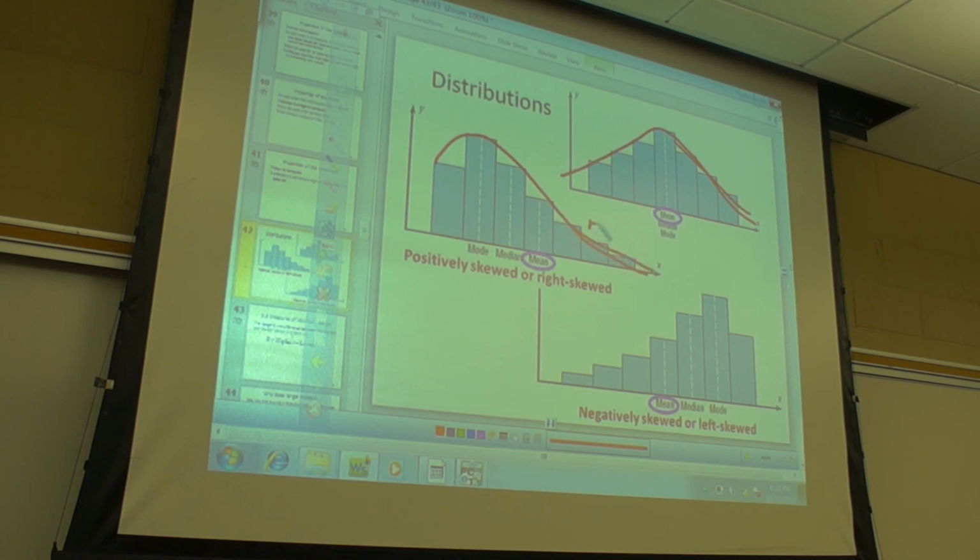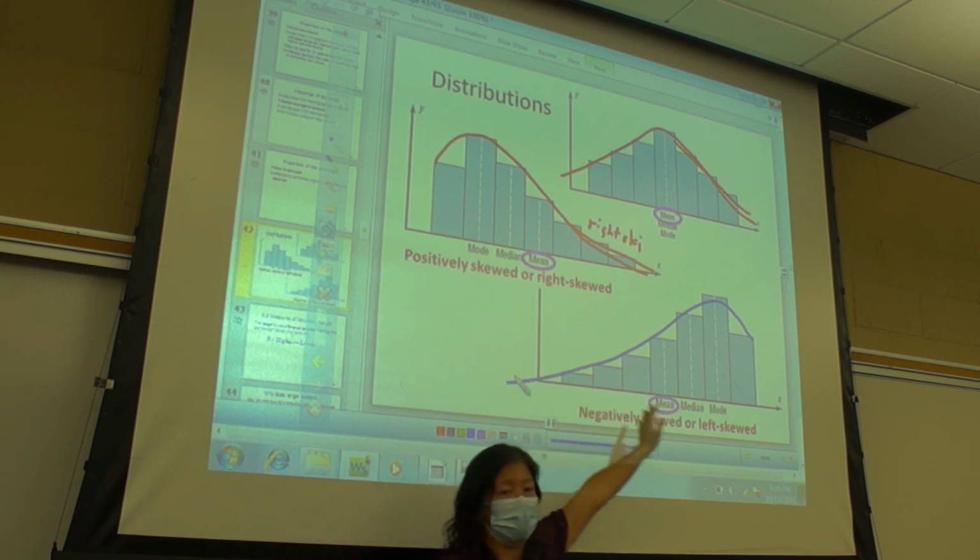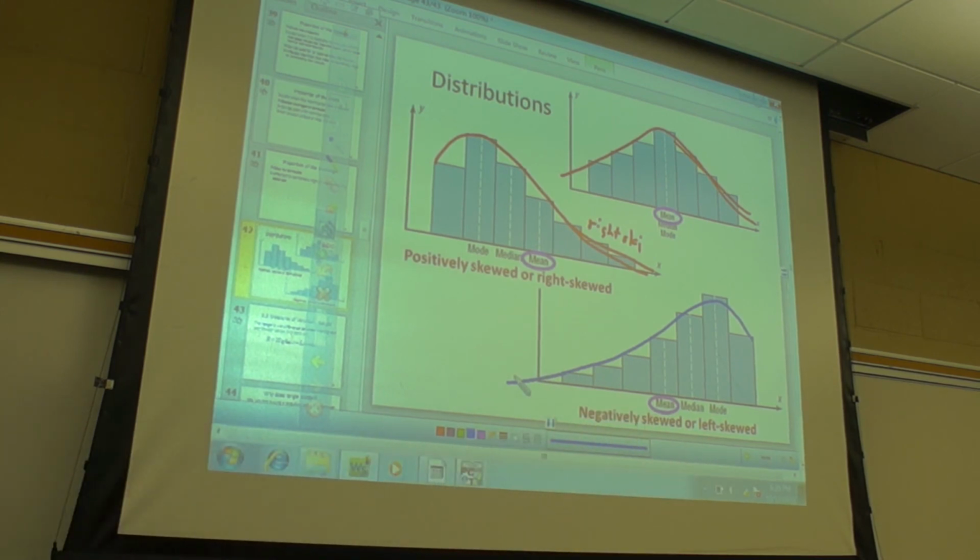So this is right skewed. And then this one, you skew to the left. And you'll notice in the right skewed, the mean is pulled off to the right. In the left skewed, the mean is off to the left of the median. So that's kind of how those work.